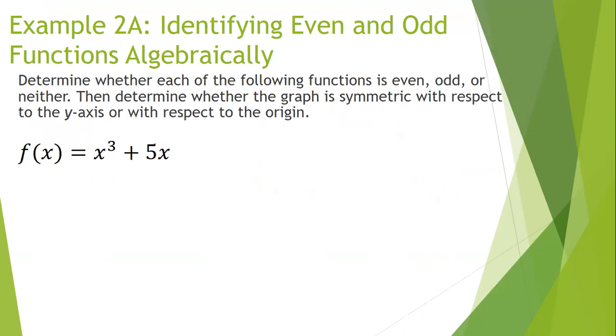When you're identifying them algebraically, you are testing the rule that you set in place. So you set that for f of x to be even, f of x has to equal f of negative x. That means when I substitute in negative x, my equation is unchanged. Okay, for odd, we got that.